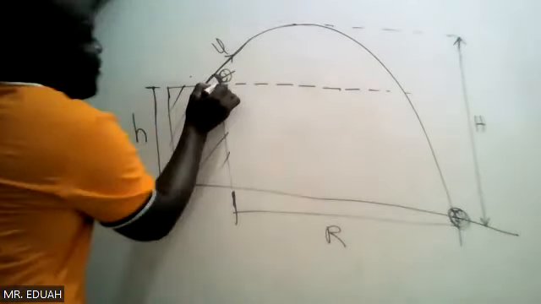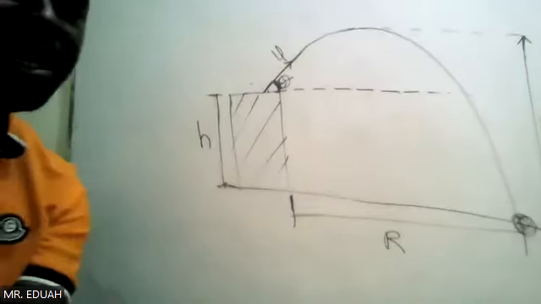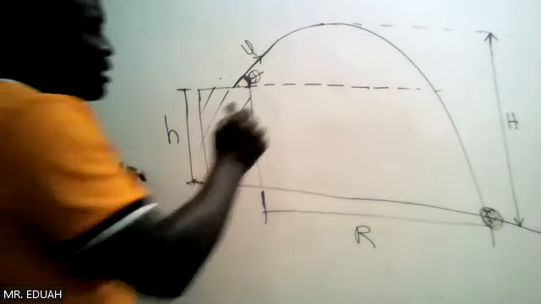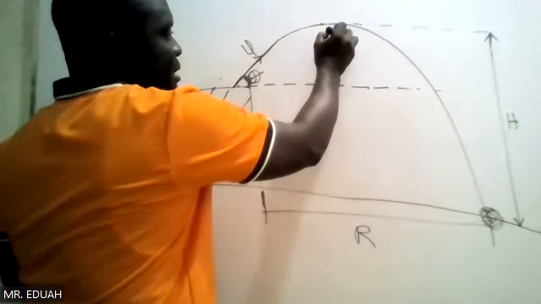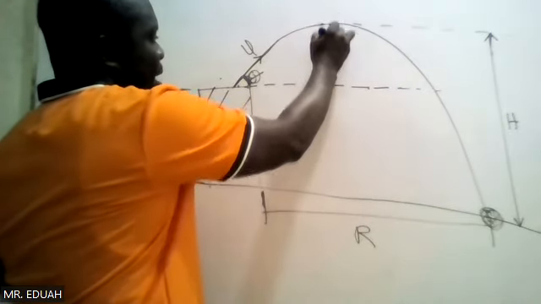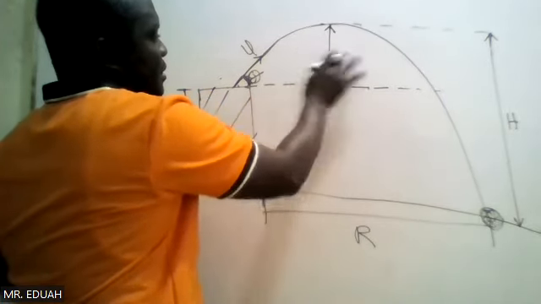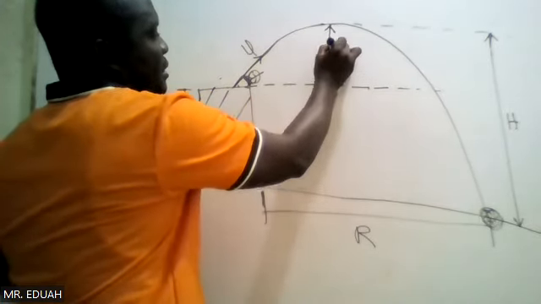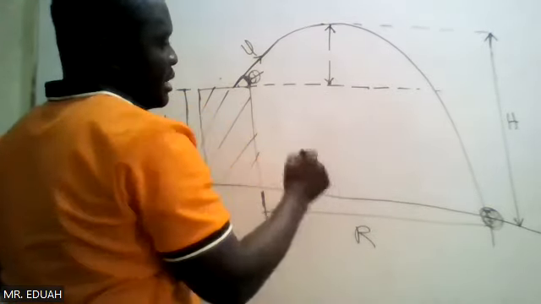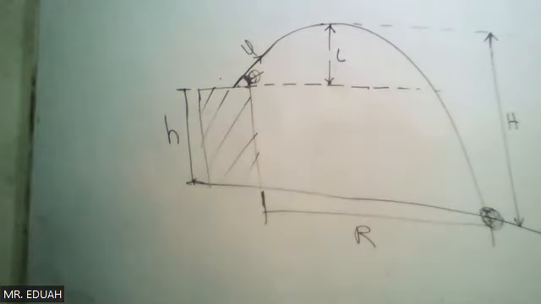Of course, once it is fired from here, I can determine, if the question is about determining the total distance, I know that when it moves from here to the maximum height, there's the maximum height. Okay, once I have this as, let me use L.